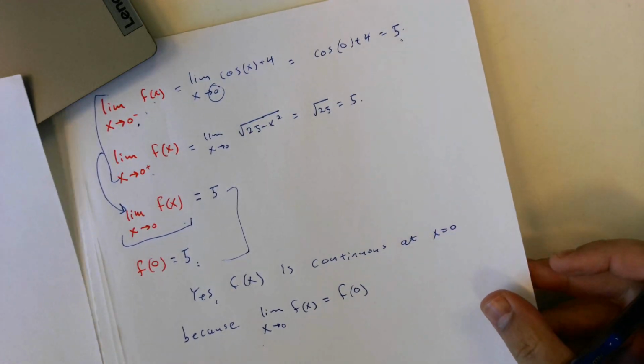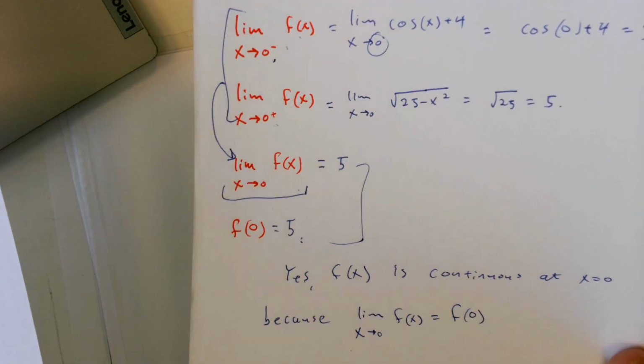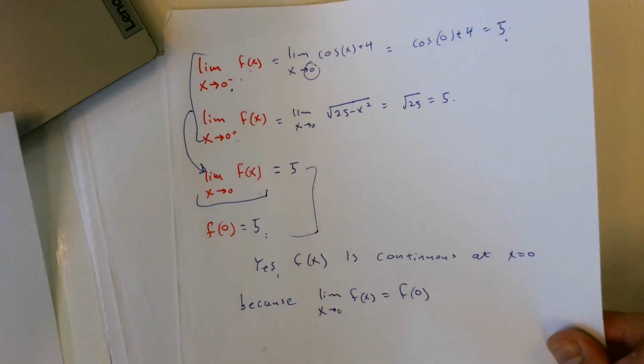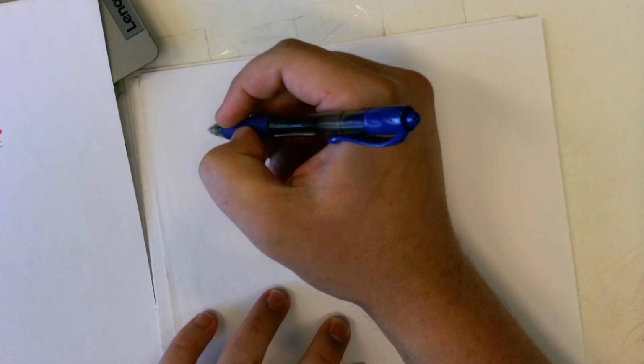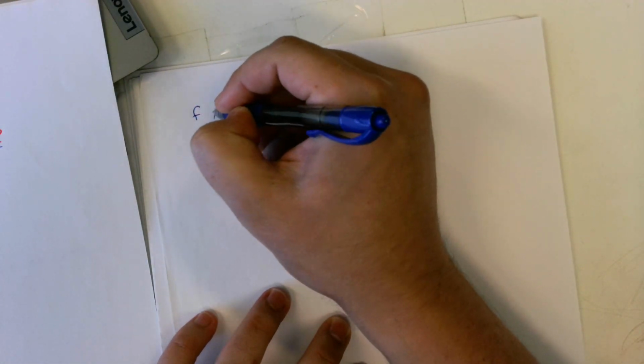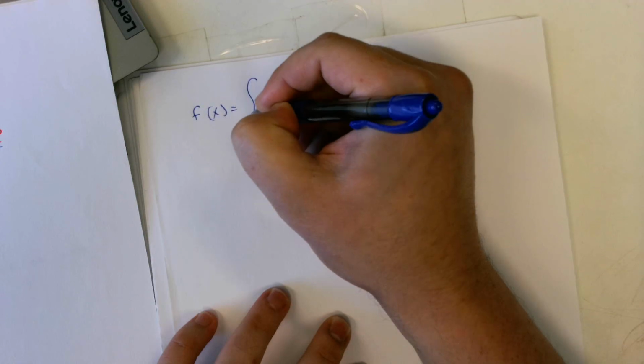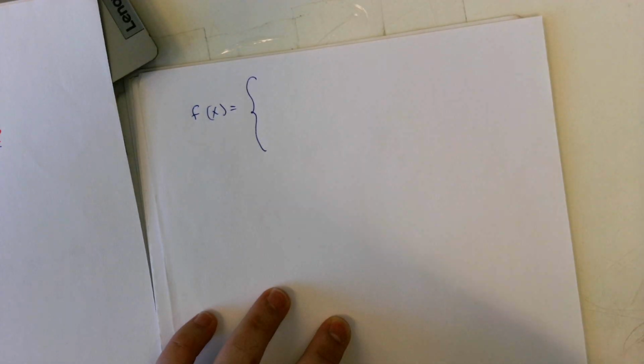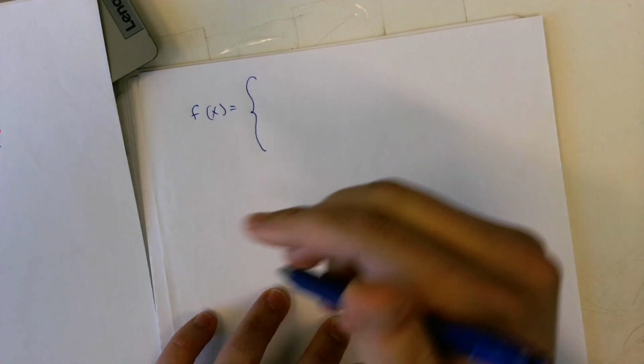Let's take a look at where this doesn't work out quite so nicely. Let's do f of x equals, let's make my boundary point something more exciting.